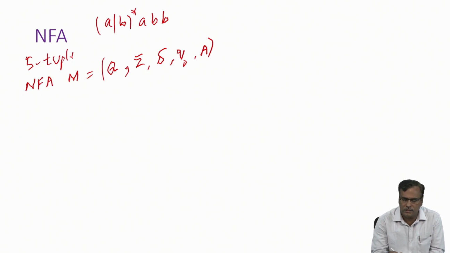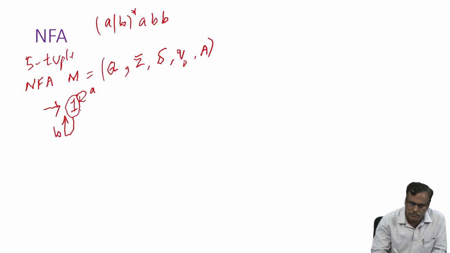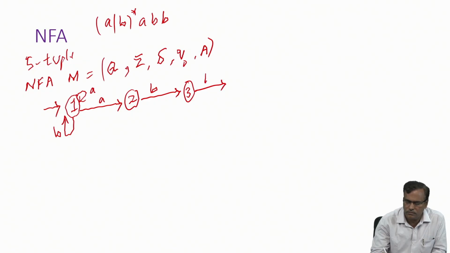The NFA for this expression is this. This is state 1. The final state is a double circle.